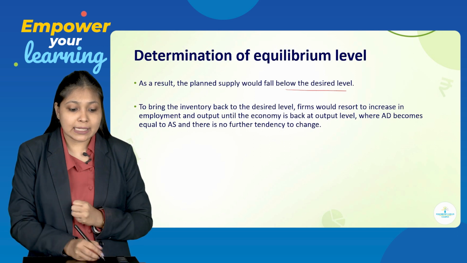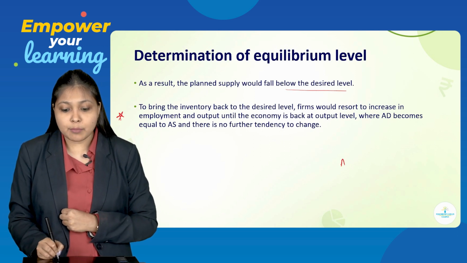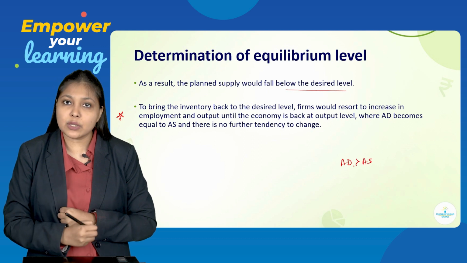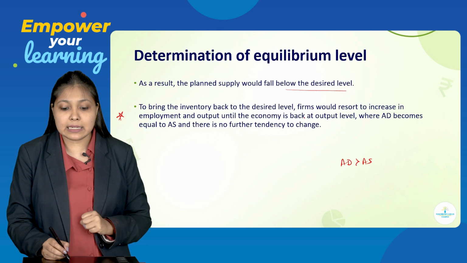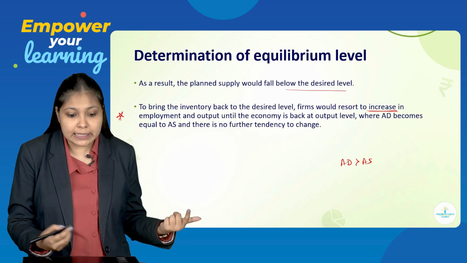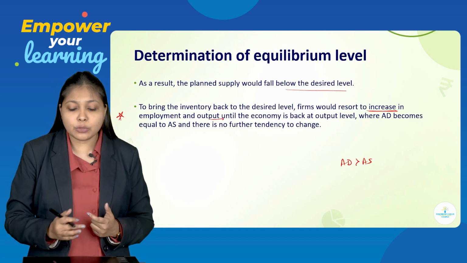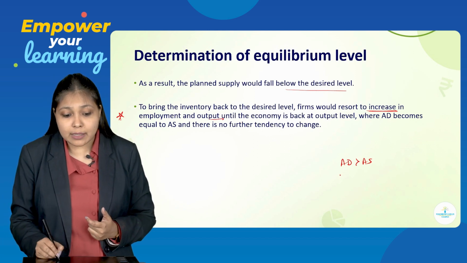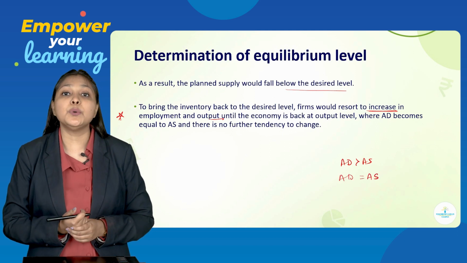Now what is the solution for this? When AD is more than AS, to bring the inventory back to the desired level, firms would resort to increase in employment and output until the economy is back at the output level where AD becomes equal to AS and there is no further tendency to change.